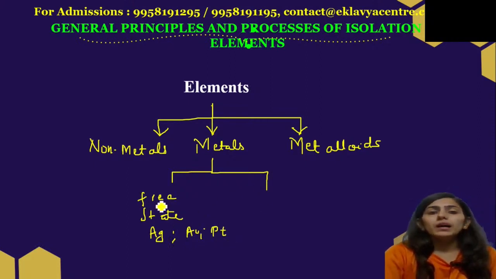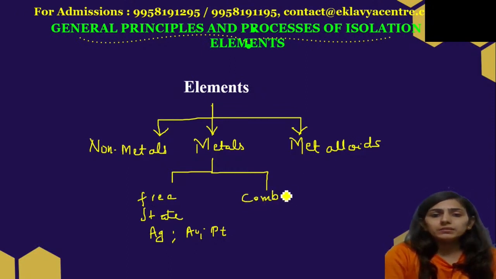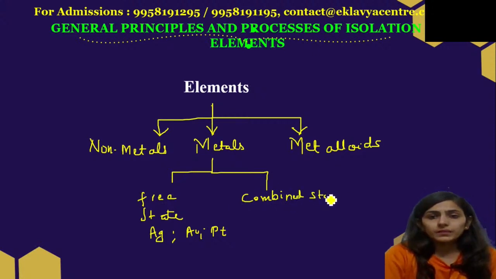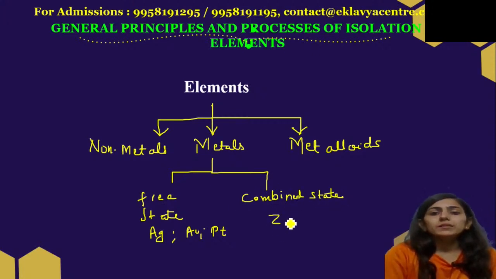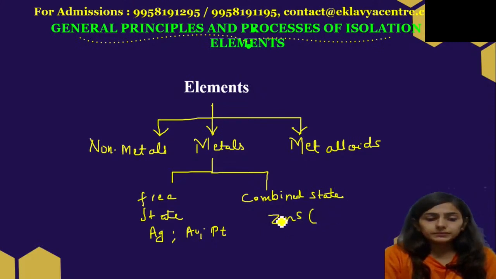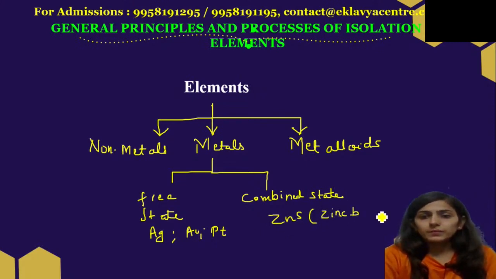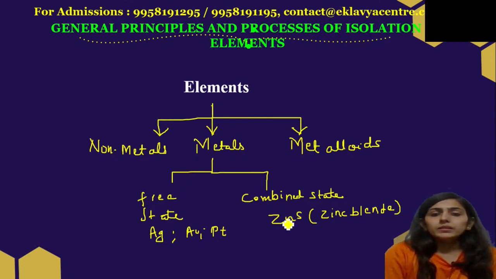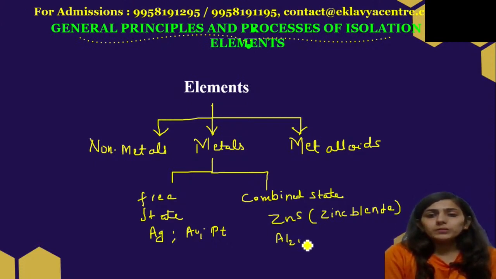But elements also exist in the combined state. In the combined state, like we have ZnS, that is zinc blende. Then we have Al2O3, or aluminium. Its ore is called corundum.